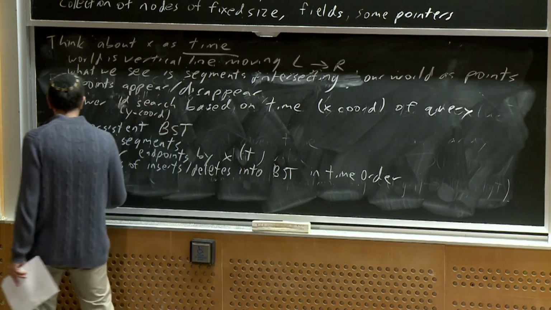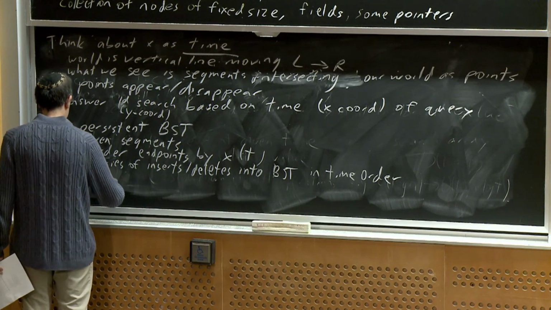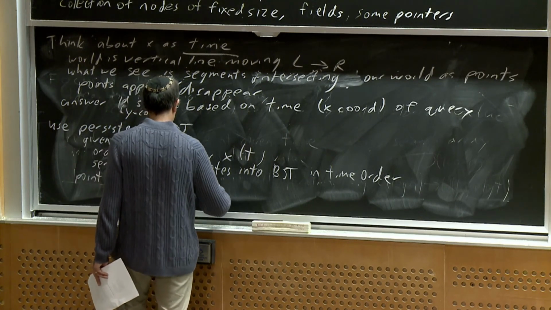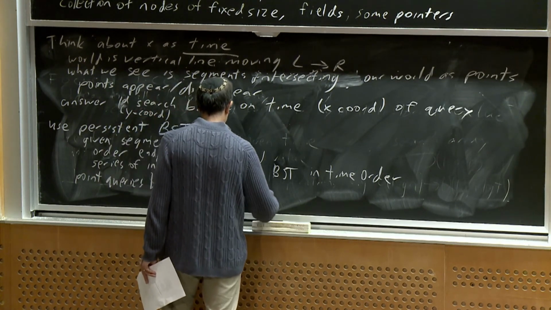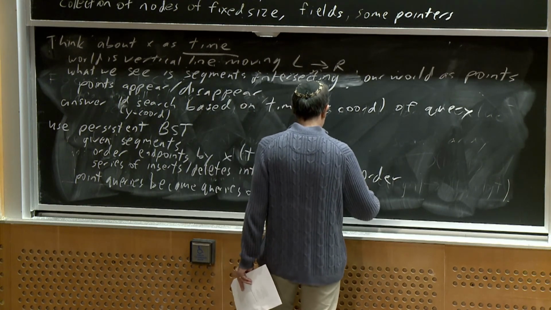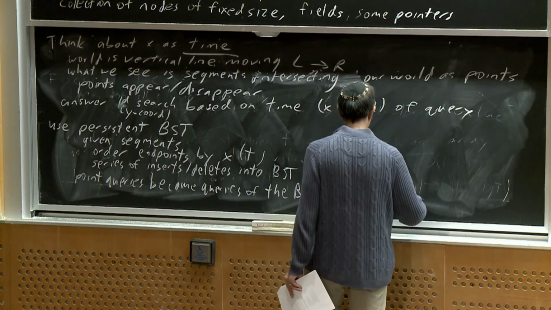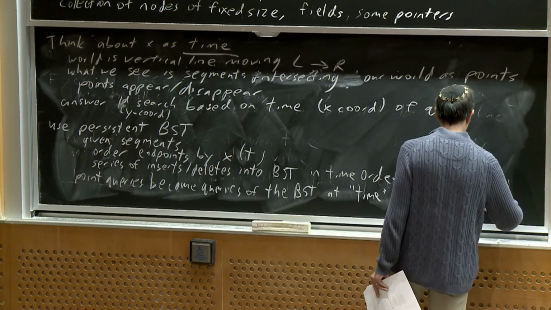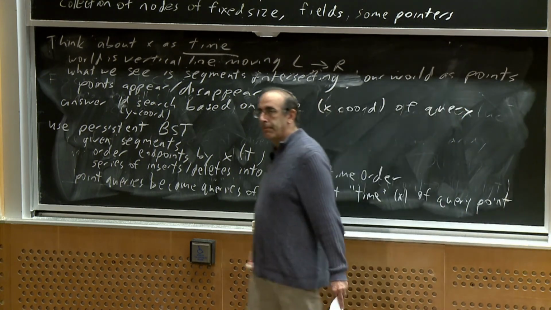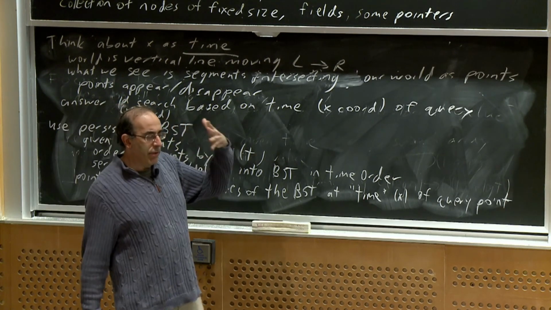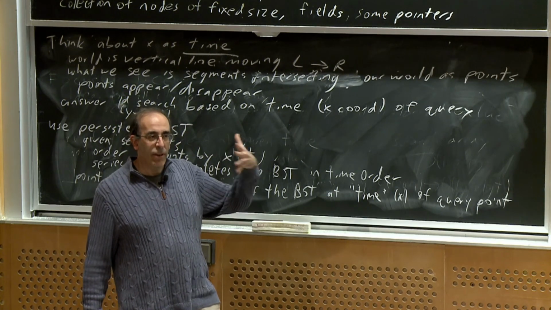So now, point queries become queries of this binary search tree at the time, in other words, the x-coordinate of the query point. Now again, it's worth noticing that these points that we've inserted into the tree don't have a fixed y-coordinate.